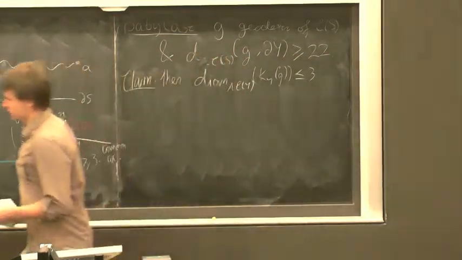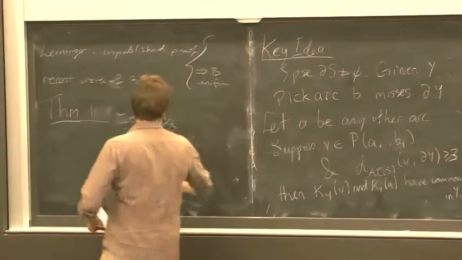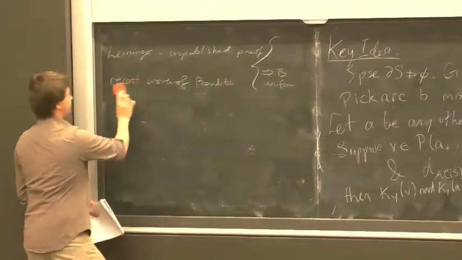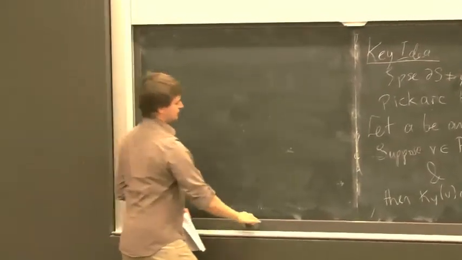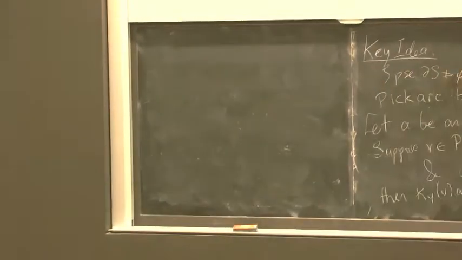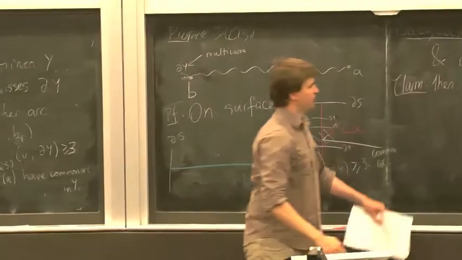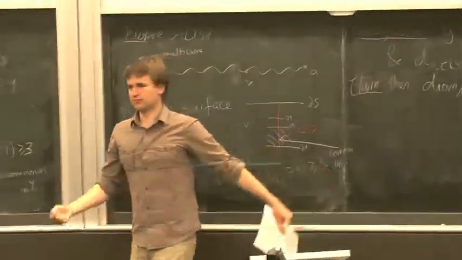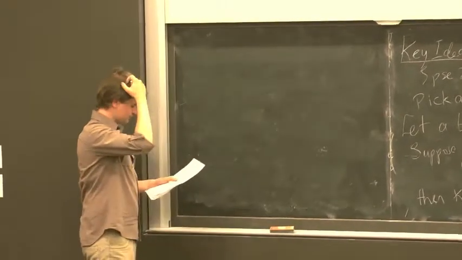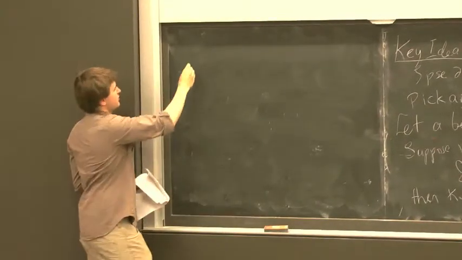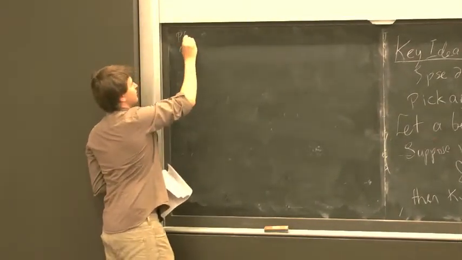So I'm going to show you how to do this now. So 3 is a bit surprising. But remember the geodesic is quite far away. Okay, so let me prove the claim.